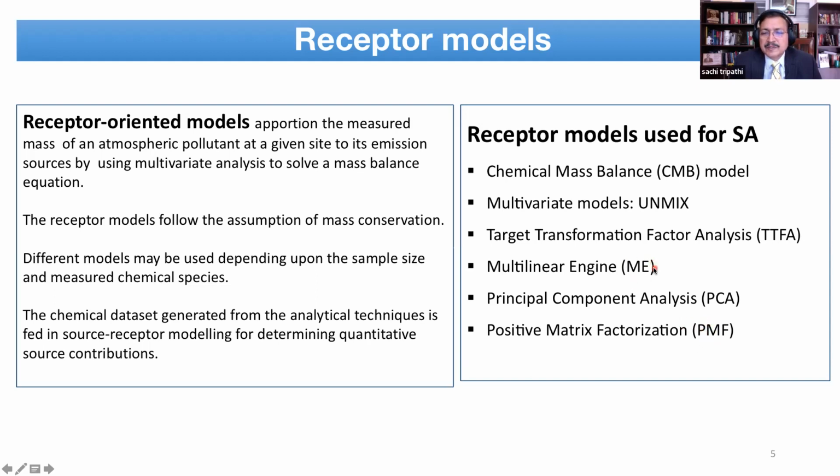And Multilinear Engine, or more precisely ME-2, is a refined version of PMF, which people have also started using, which has a greater possibility to finally arrive at an environmentally intuitive solution. Okay.